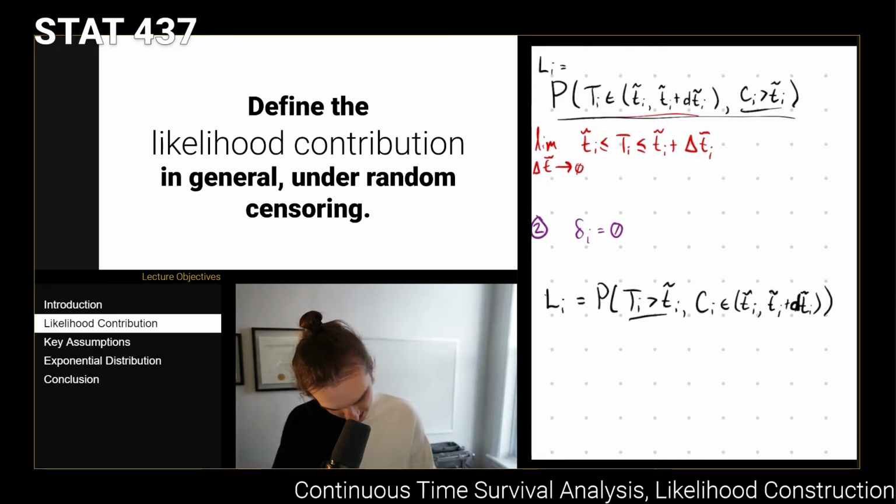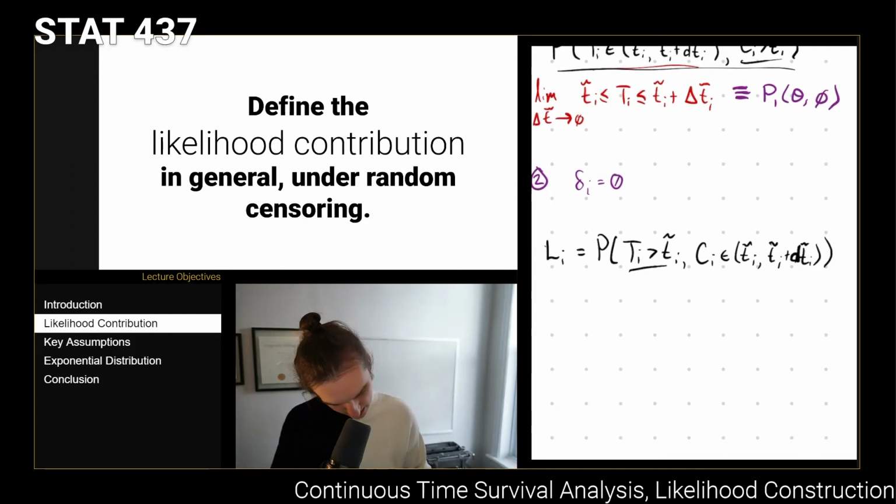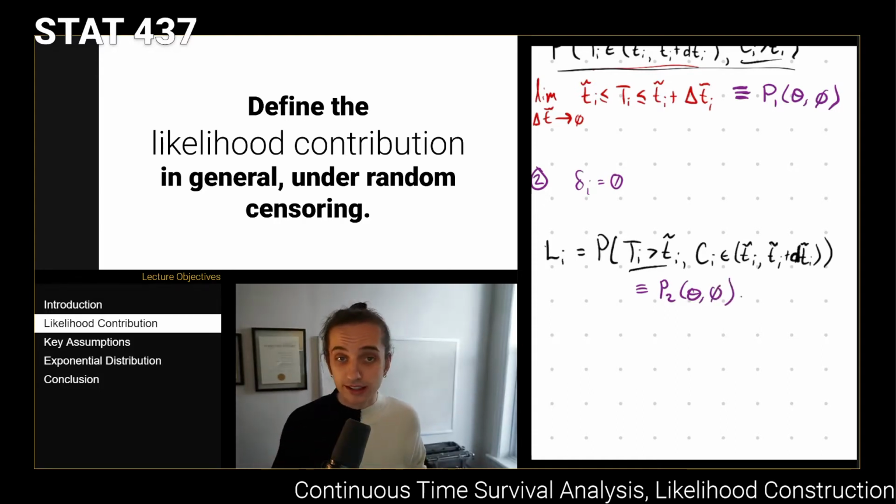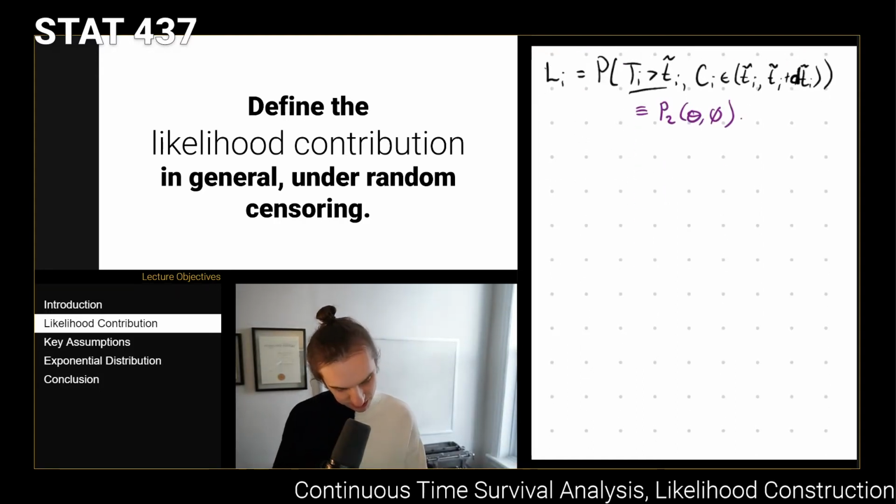I'm going to define this first one to simply be p1, a function of theta and phi, and this one we'll define to be p2 as a function of theta and phi. We're only doing this because I'm about to write out the likelihood expression, and I don't want to have to type out that full expression.